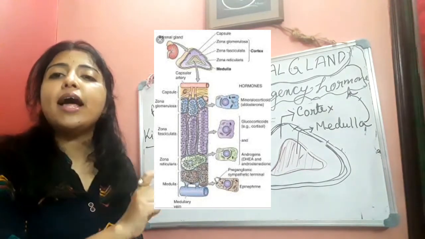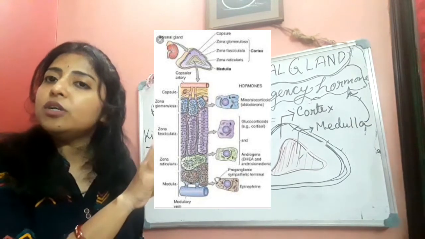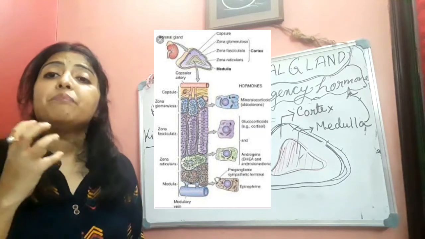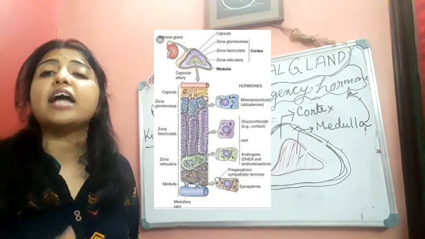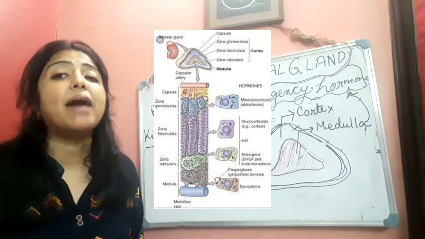Mineralocorticoid or aldosterone. So, what is the function of this hormone? This hormone regulates the balance of different kinds of minerals required by our body. Sodium, potassium balance will be maintained.